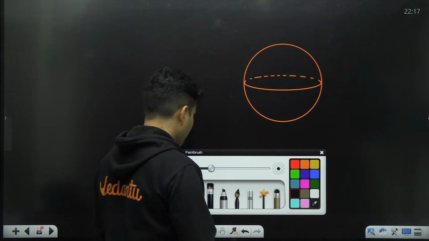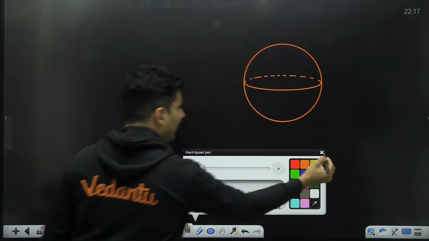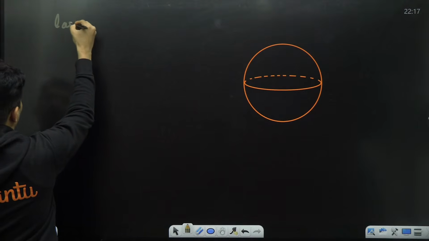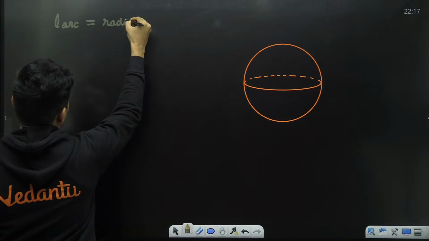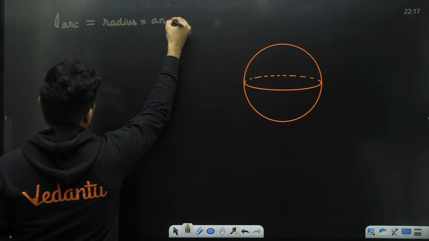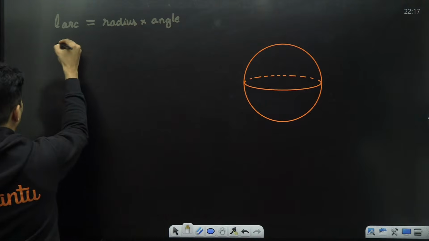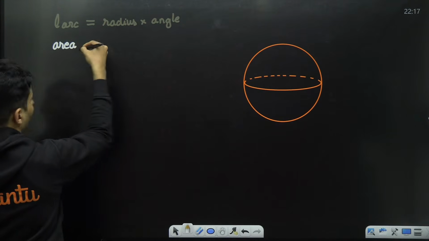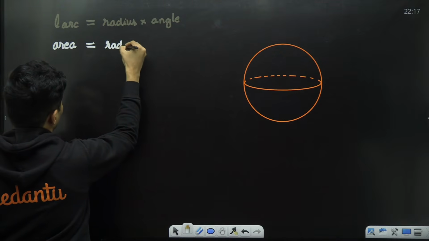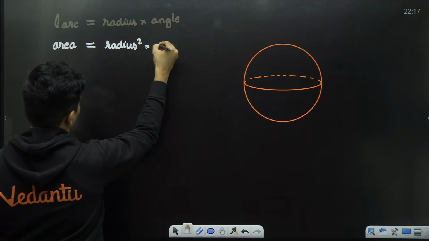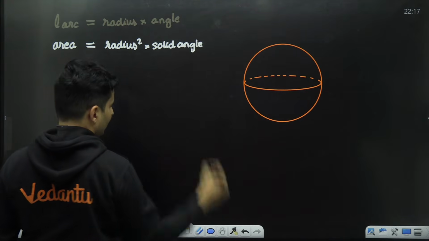Just like we had the length of the arc is radius multiplied by the angle in radian, what if I told you the area on the surface of a sphere which you are considering is radius square multiplied by the solid angle being considered.